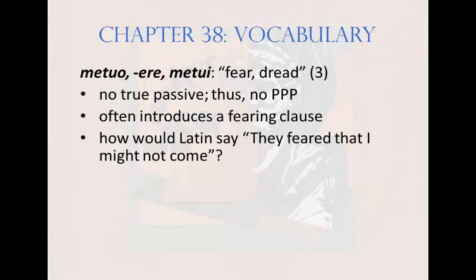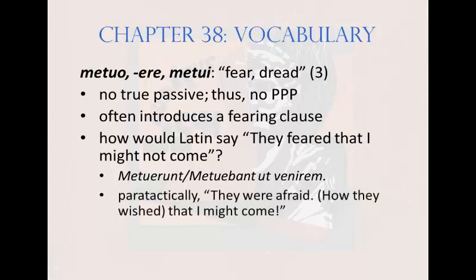Yes, they do. So the answer is metuerunt, or metuebant, ut venirem. Imperfect subjunctive showing contemporaneous action in secondary sequence. Remember the paratactic origin of fearing clauses. Early Romans would have heard this sentence as, "They were afraid, how they wished that I might come."